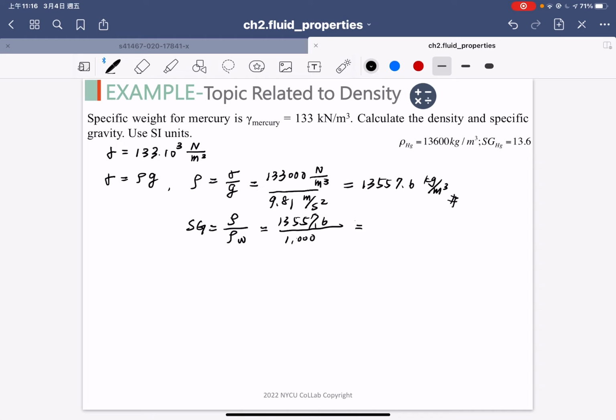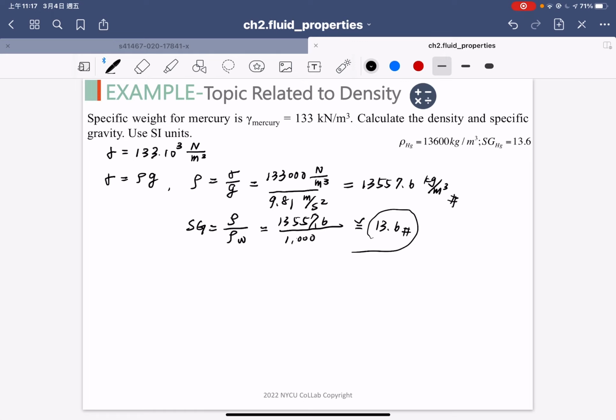So the specific gravity for the mercury is around 16.6. The exercise is quite easy, but I would like you to practice how to compute the SG numbers. This SG number is quite a bit larger than 1, that means the mercury will sink in water.